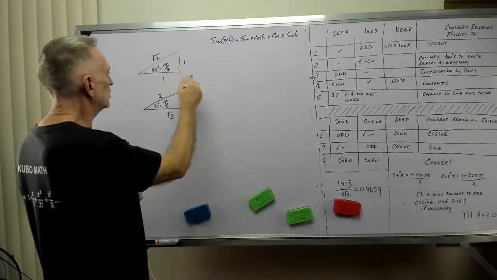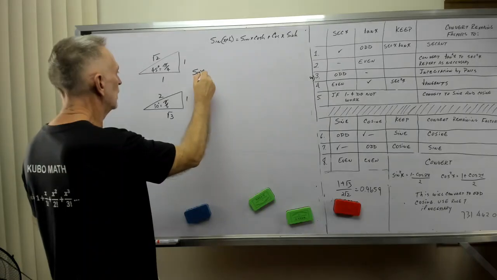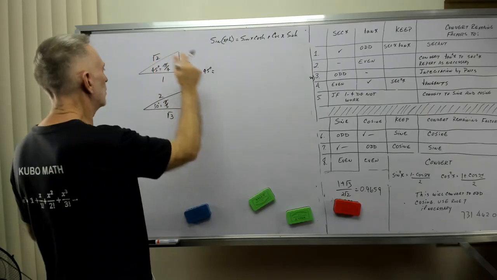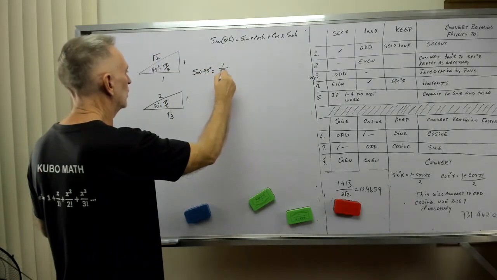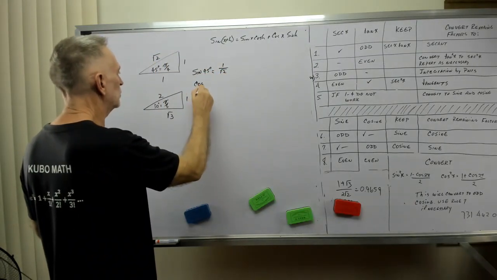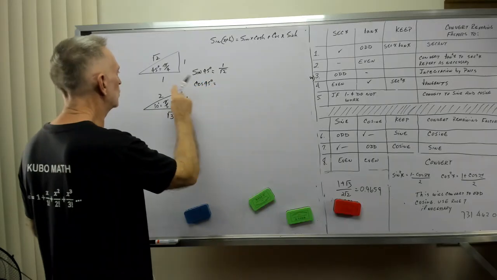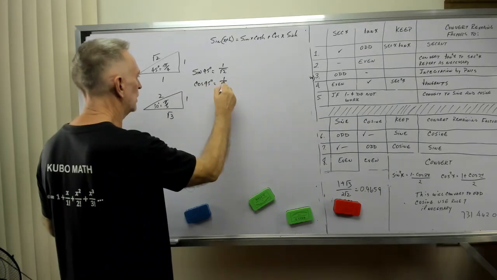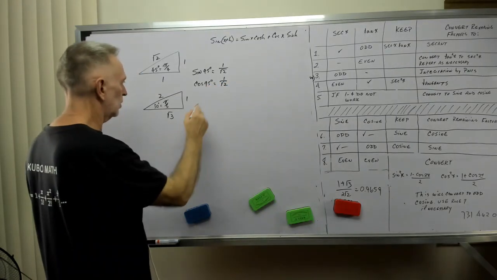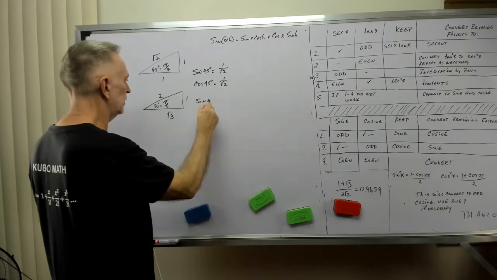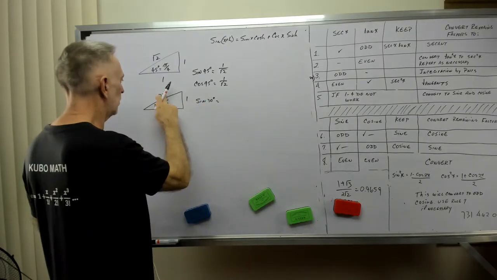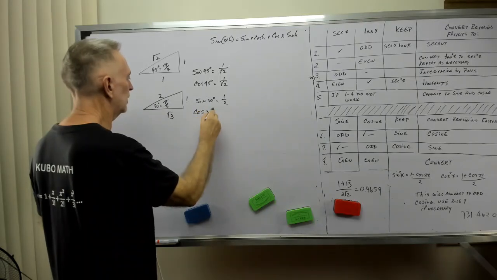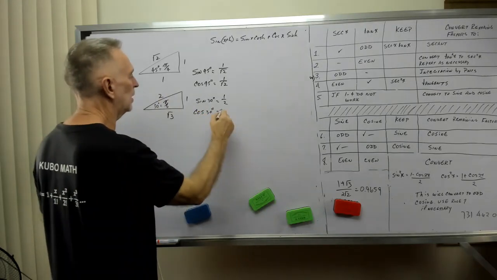The sine of 45 degrees is opposite over hypotenuse, 1 over square root 2. Cosine 45 degrees equals adjacent over hypotenuse, 1 over square root 2. Sine of 30 degrees is opposite over hypotenuse, and cosine 30 degrees is adjacent over hypotenuse.